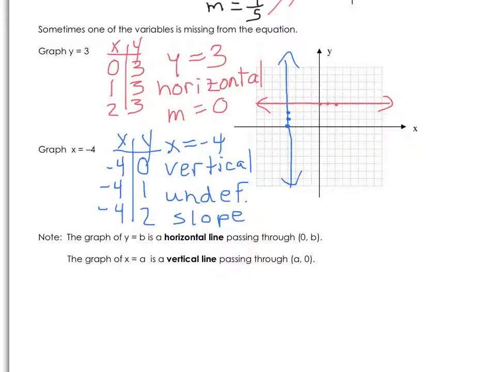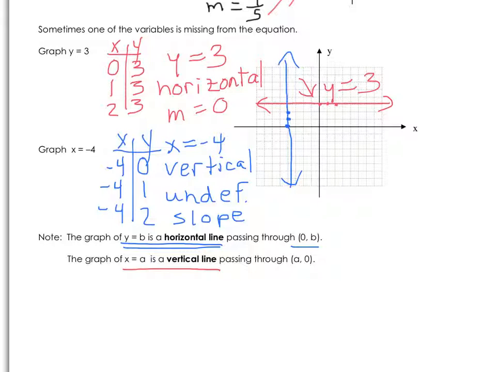The graph of y equals b is always a horizontal line that passes through the point 0, b. Notice that y equals 3 crosses the y-axis at 3. Horizontal lines are always of the form y equals some value, and it crosses the y-axis at whatever that value is.